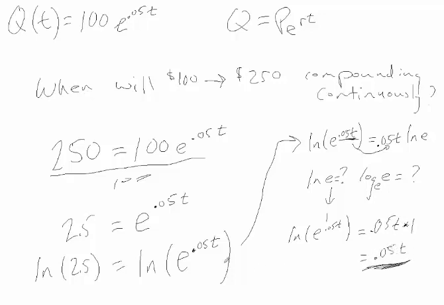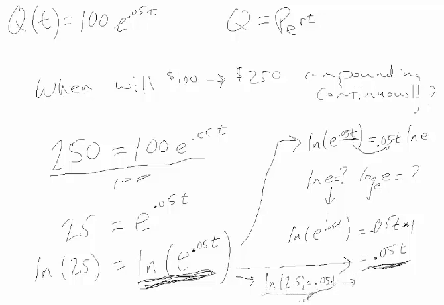Well, what does this tell us? That tells us that if ever I take ln of e to some power, the answer is just that exponent. So this equation here, ln 2.5 equals ln of e to the 0.05t, simply becomes ln 2.5 equals 0.05t.